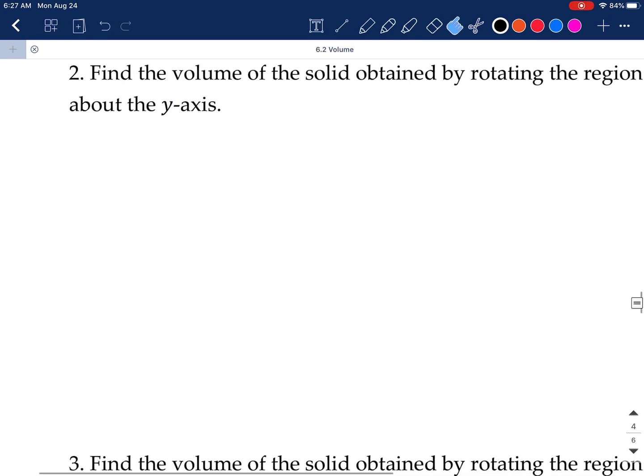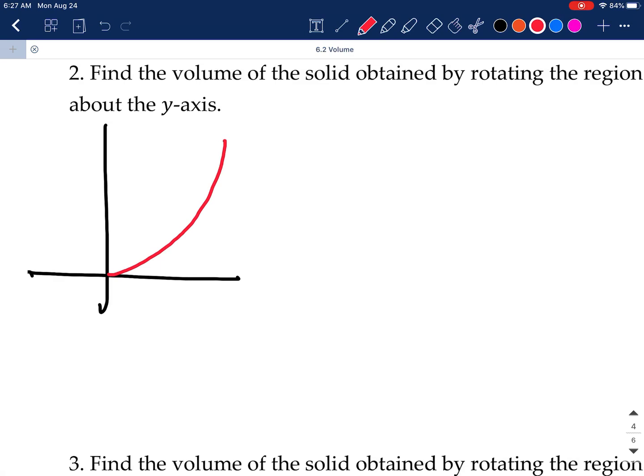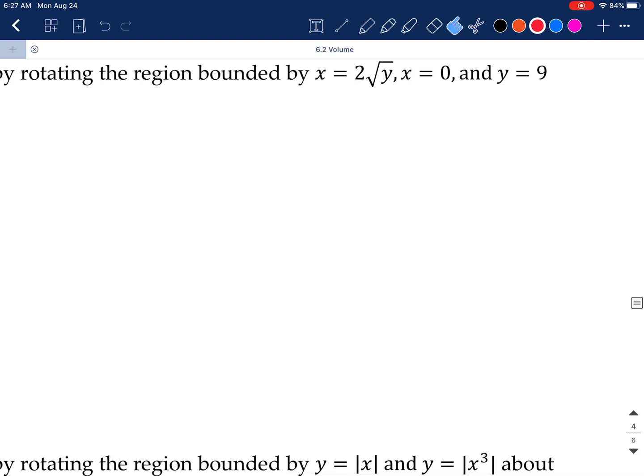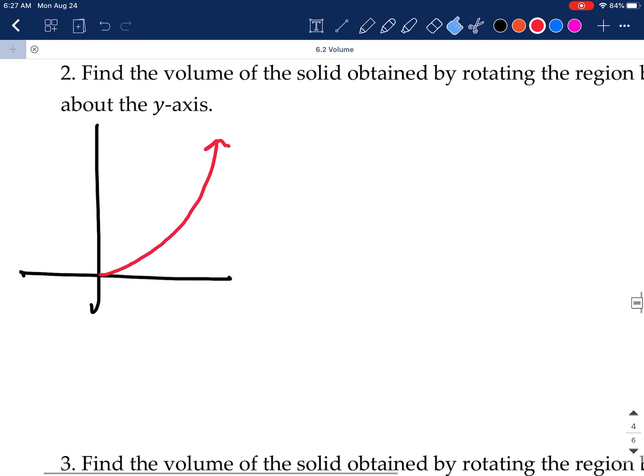So let's go ahead and graph this. So we've got x equals 2 root y, and that's x equals 0 and y equals 9. So we're bounded by x equals 0 and y equals 9.